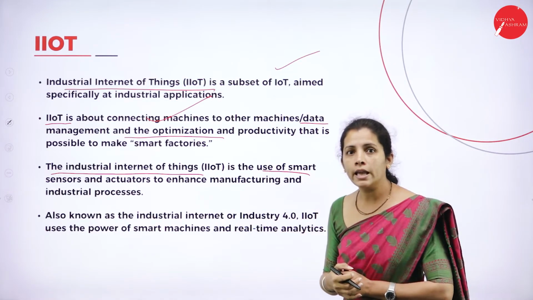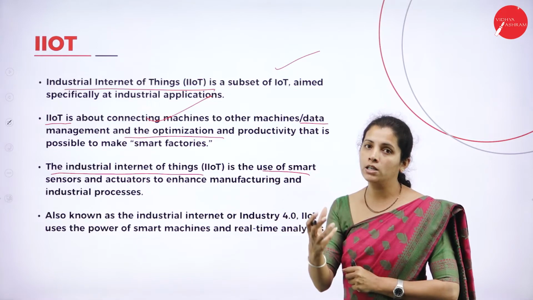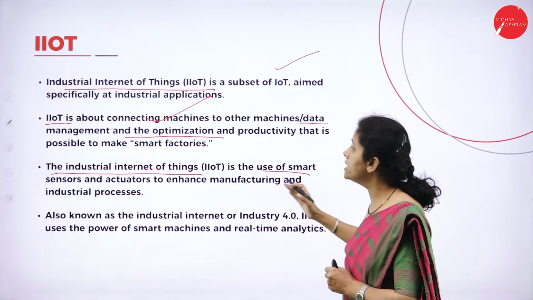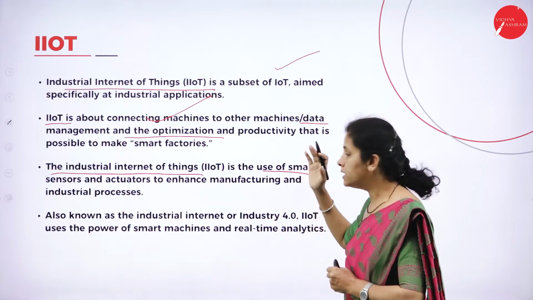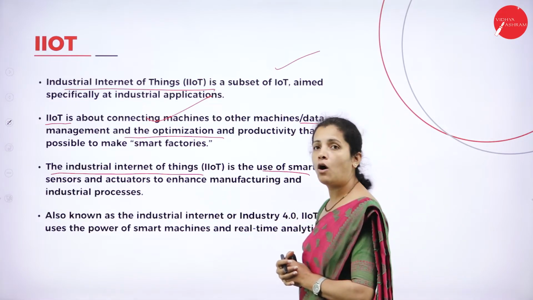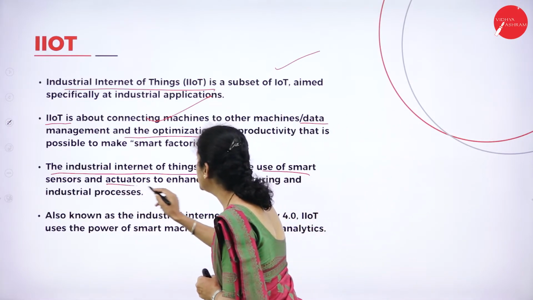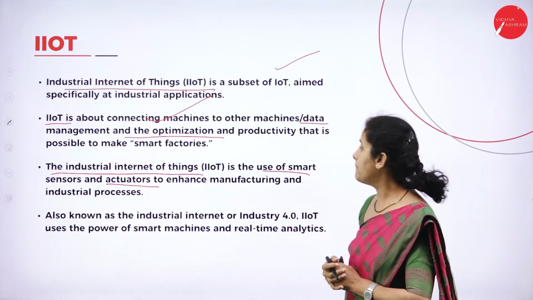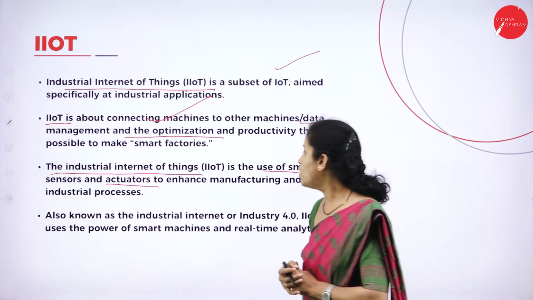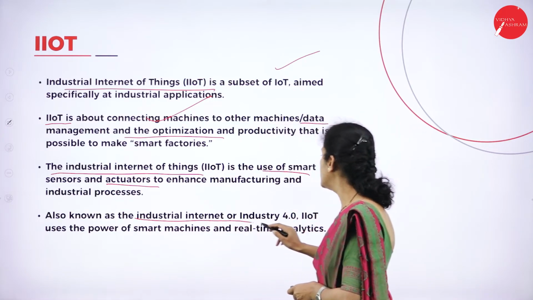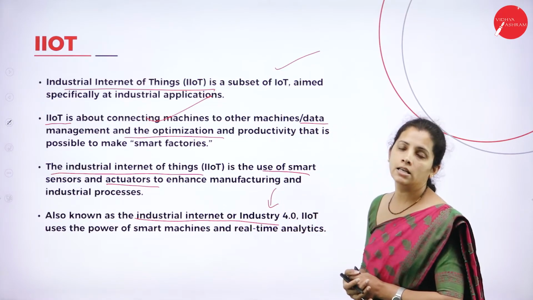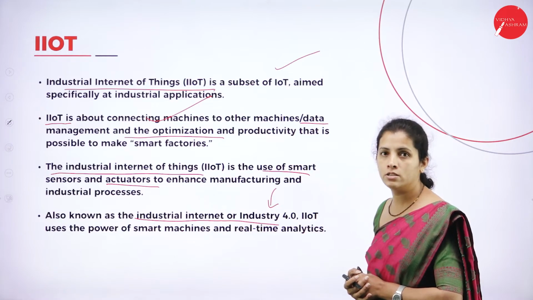That means we can improve the productivity or quality of the goods by using smart sensors or smart actuators to enhance manufacturing and industrial processes. It's also known as the Industrial Revolution, that is Industry 4.0.